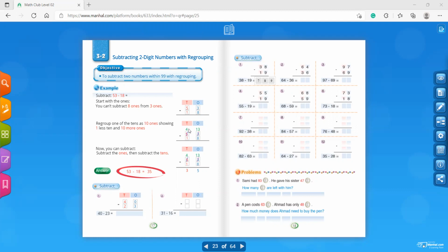Yes, the 3 becomes 13 and the 5 becomes 4. 13 minus 8 is 5 and 4 minus 1 is 3. Is it clear, teacher? Okay. Subtract the ones and then subtract the tens. Okay, teacher?